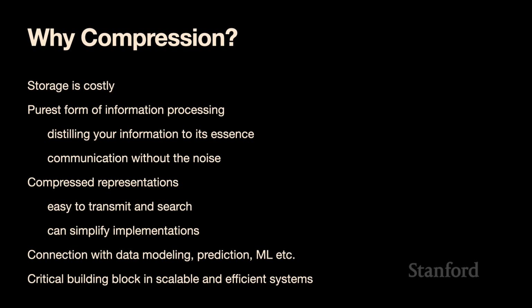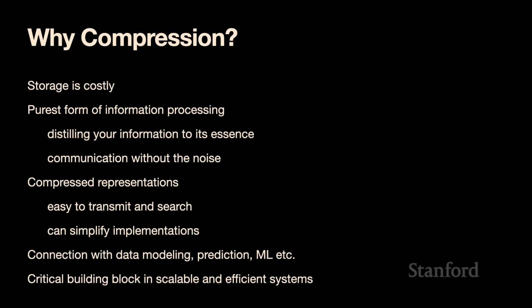You are trying to keep the most useful part of the information in whatever you are outputting out of this compression, right? In the same way, it's equivalent to communication without noise. When you're communicating, maybe you're adding some noise, and you're spending some bits on that noise. What compression tries to do is extract the relevant information out of it.